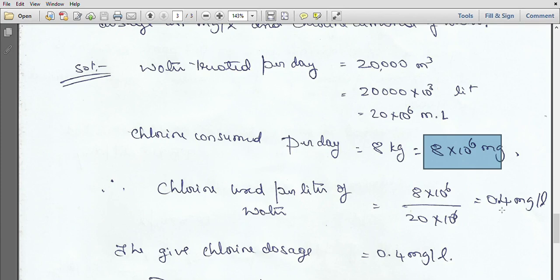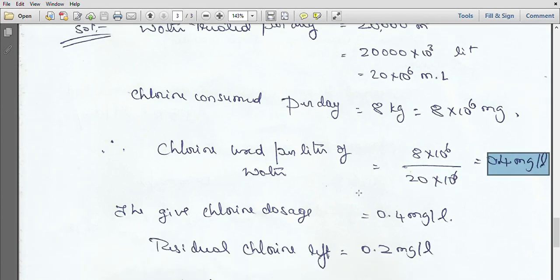So that is equal to 0.4 mg per liter. This is the total chlorine consumed divided by total amount of water to be treated. That is 0.4 mg per liter. What is the dosage? It is 0.4 mg per liter.